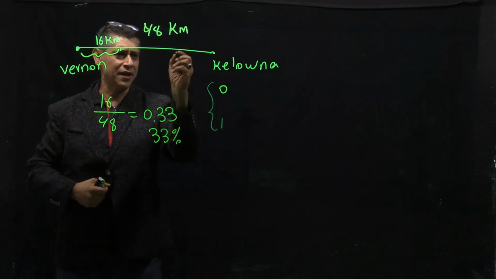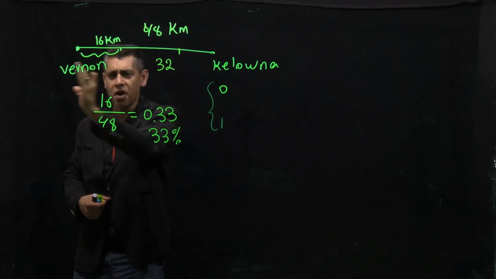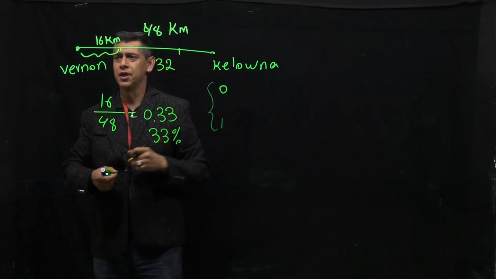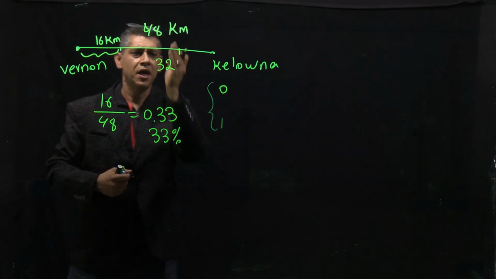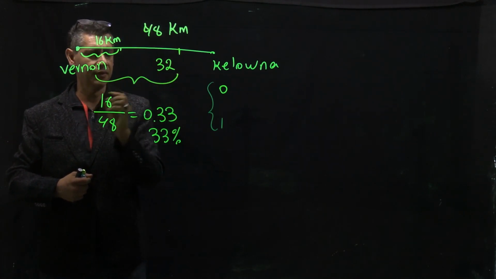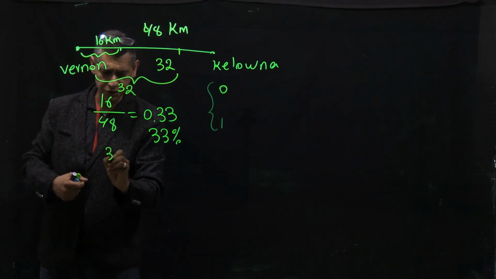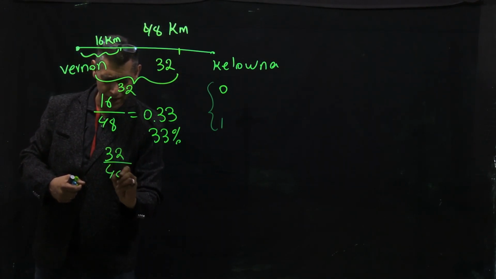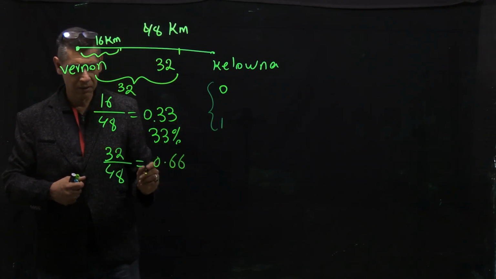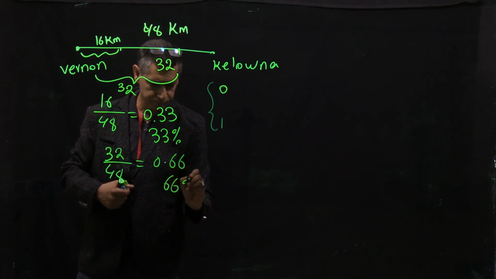You go further down, and now you are 32 kilometers from Vernon, and the person again calls, how close are you to Kelowna? And then you do the inverse lever law again. You take this length, which is 32, divided by the entire length, which is 48, and you say I'm 66% close to Kelowna.